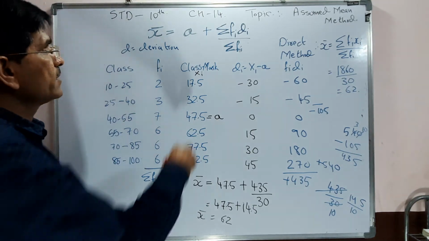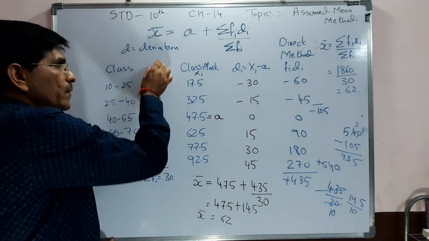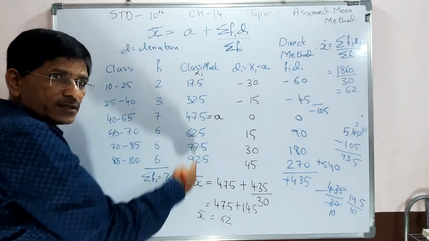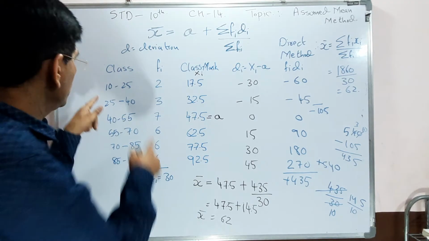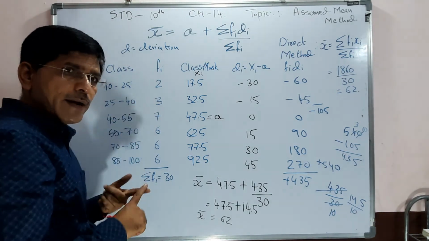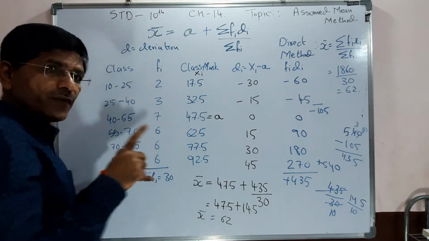Now the assumed mean method. The class is given, the frequency is given. What do we have to find out first? Xi. How can we find xi? Xi comes from 10 plus 25 divided by 2, 25 plus 40 divided by 2, 40 plus 55 divided by 2.